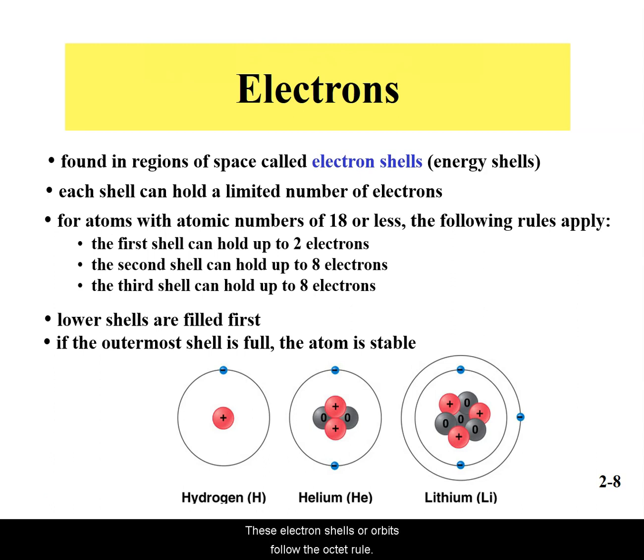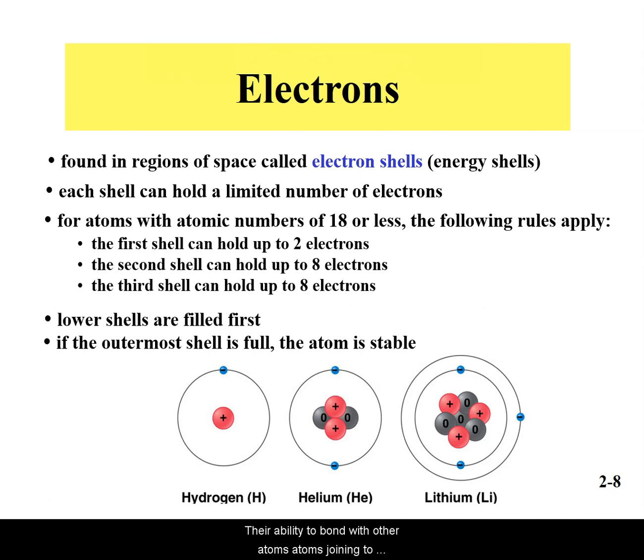These electron shells or orbits follow the octet rule. This only works with the first 18 elements, and these include most of the elements that are important to living organisms and their makeup and chemical processes. Bonds will form when two or more elements combine.